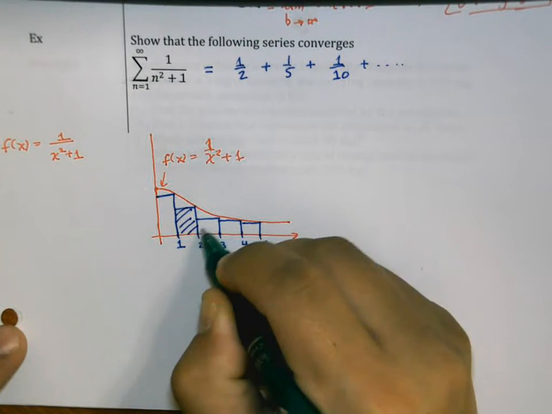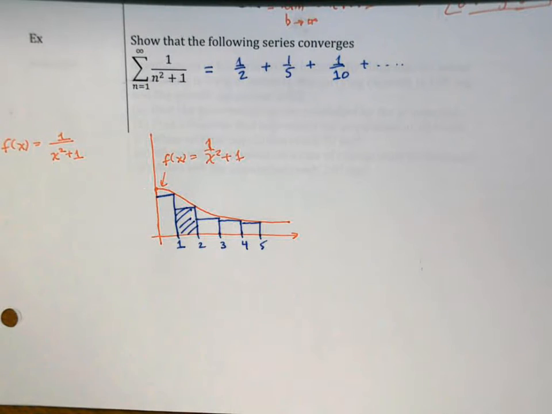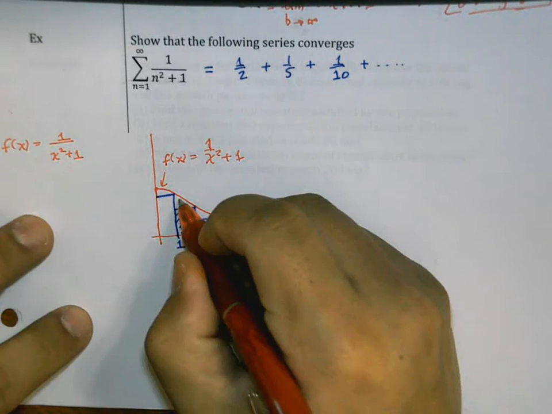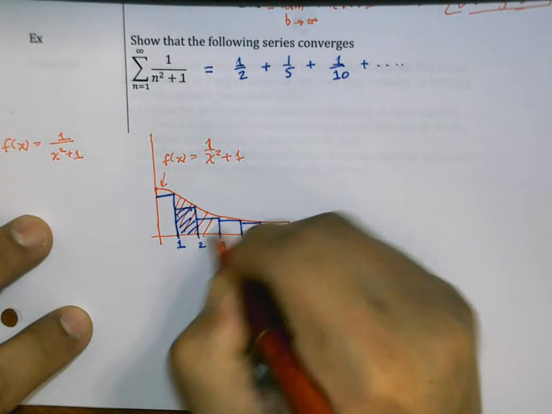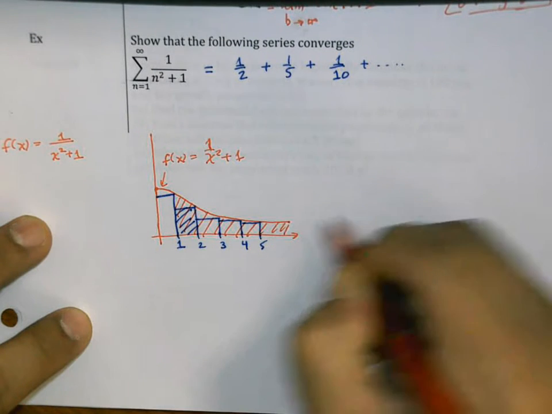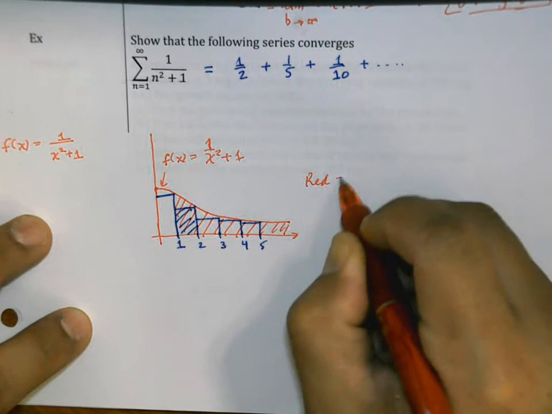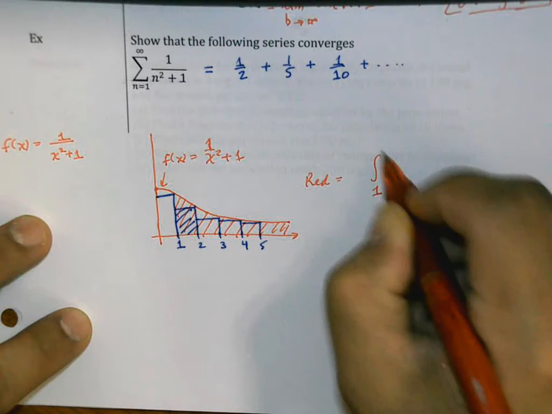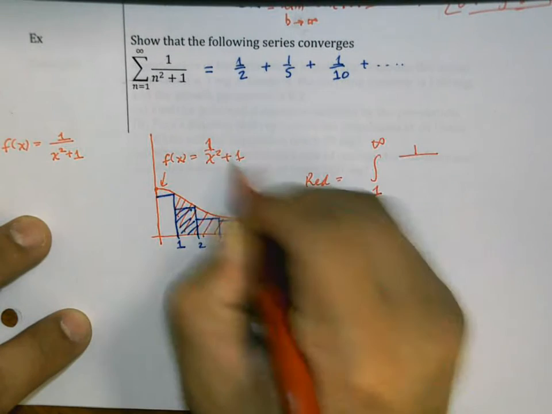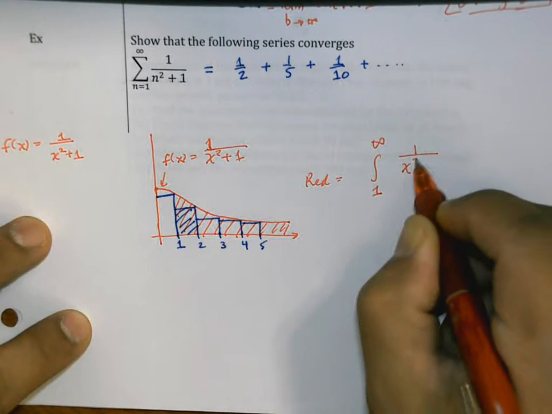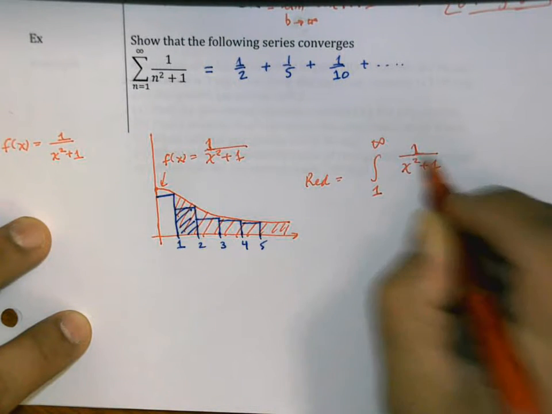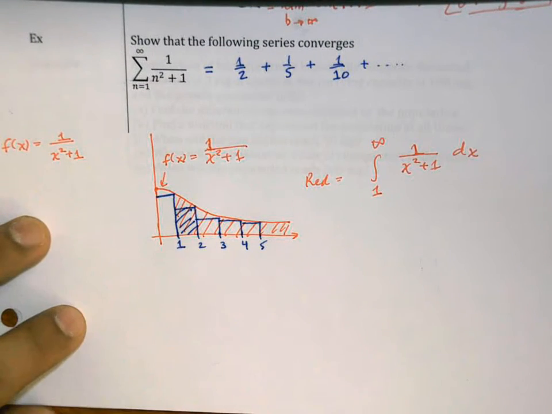Okay. And we can just look at this area here. I shouldn't have done that. Let's look at this, the red area first. Okay, the red area here. So the red region is equal to the integral from 1 to infinity of 1 over x squared plus 1 dx. Right.